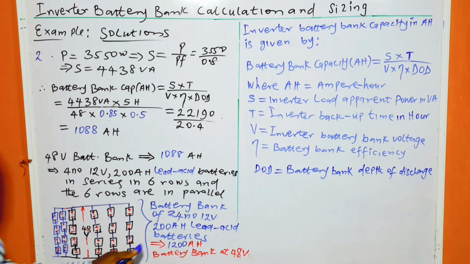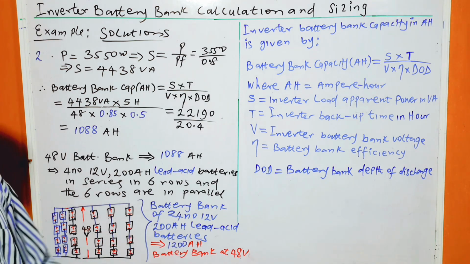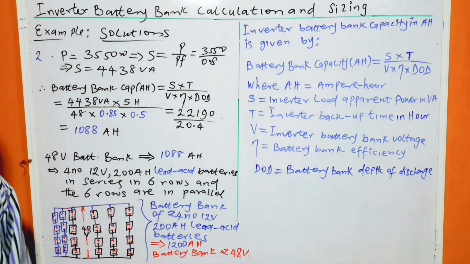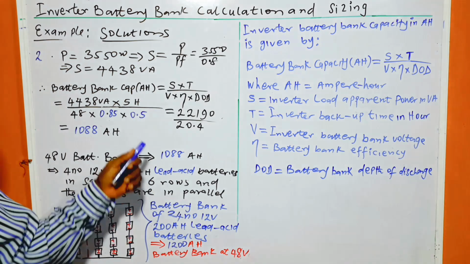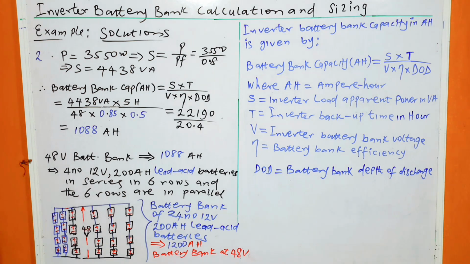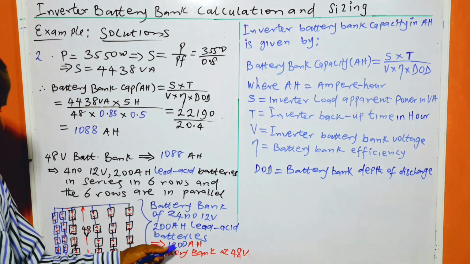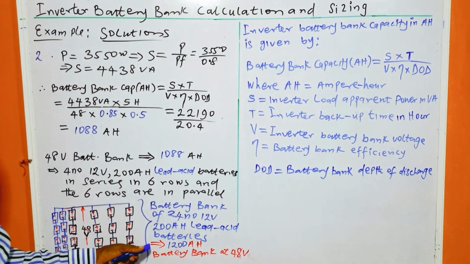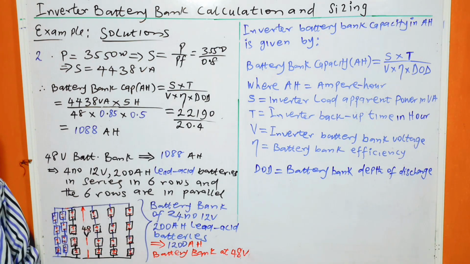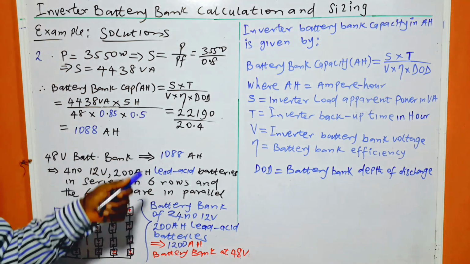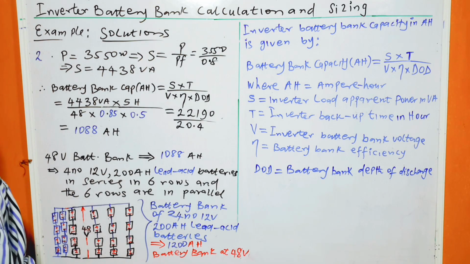That gives 200 in 6 places, which is 1200 ampere hour, and that is the size. One thing is to do the calculation, another thing is to do the sizing. So this is the size of the battery bank if lead acid batteries are used.